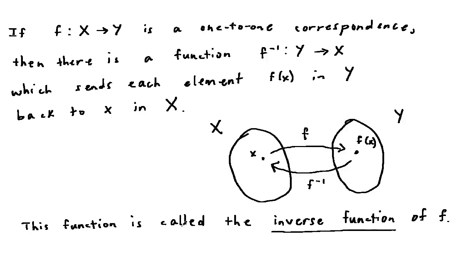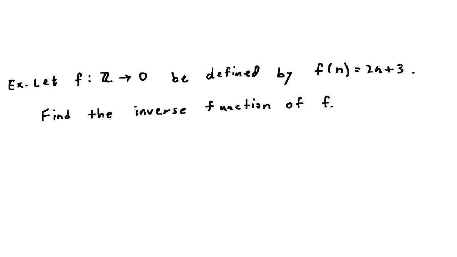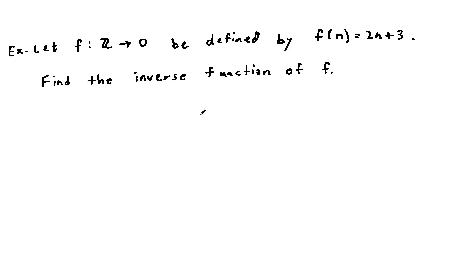Okay, this function is called the inverse function of f. Let's do an example. Let f from Z to O, the set of all odd integers, be defined by f(n) = 2n + 3. Find the inverse function of f.